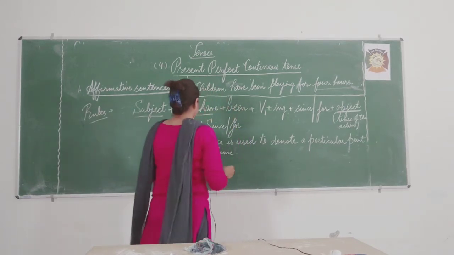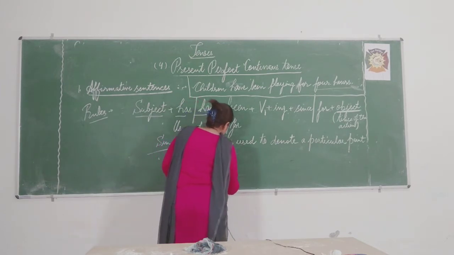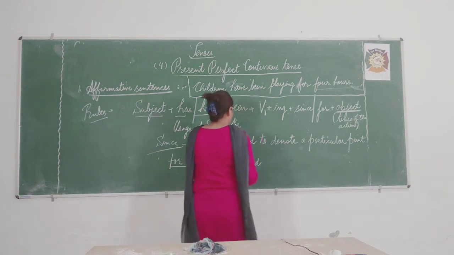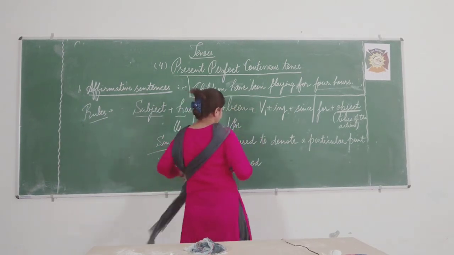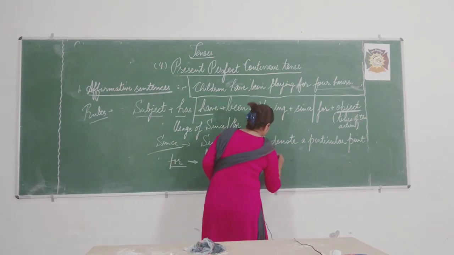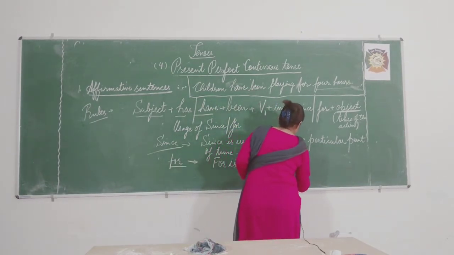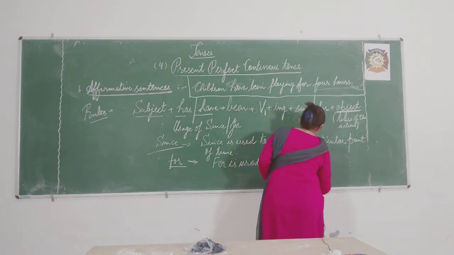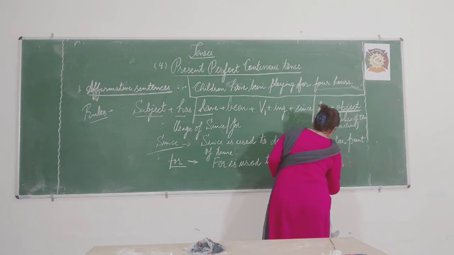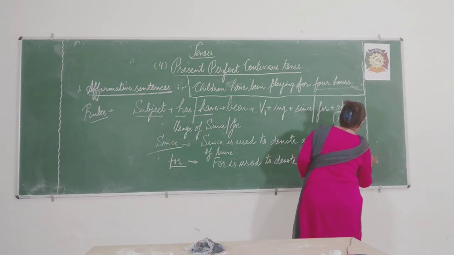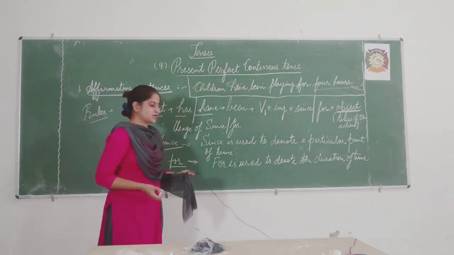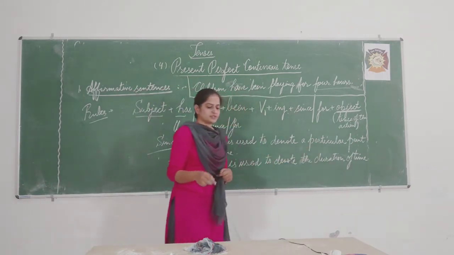So for is used to denote or to tell about the duration of time, or we may also call it the time period. It tells about the particular time period.